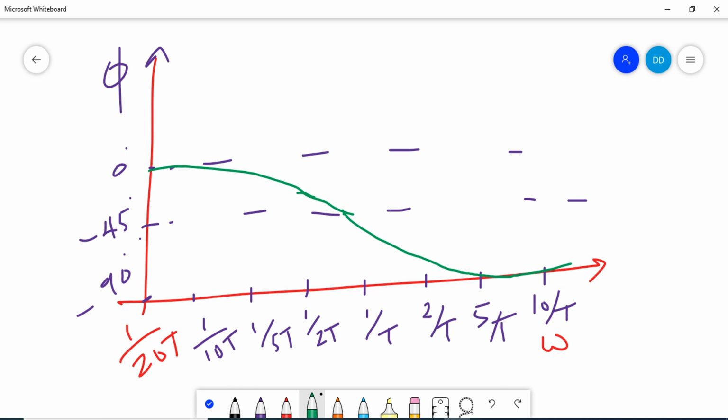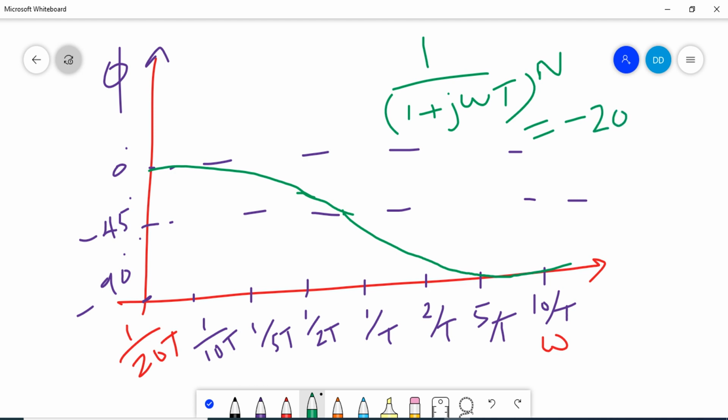Similarly, if we have multiple first order factors, that is, instead of 1 by 1 plus j omega t, we have it to the power n, then our magnitude will become minus 20 into n log omega t.